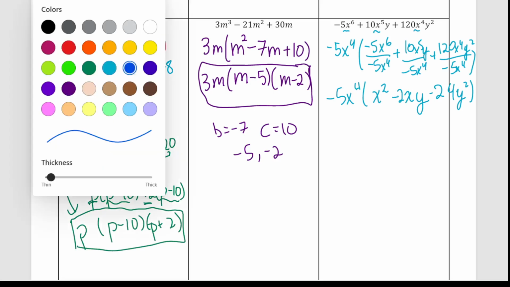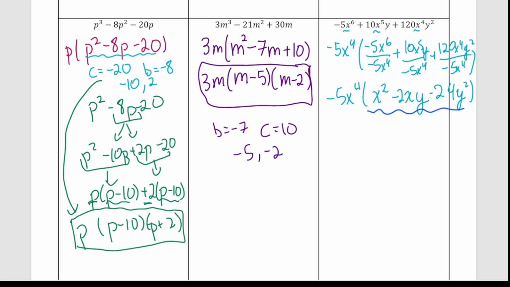So in particular, when we're focusing in on this center part, what we're wanting to do is multiply to a times c. So in this case, a times c would be, a is 1, c is negative 24y squared, so it's really negative 24y squared.